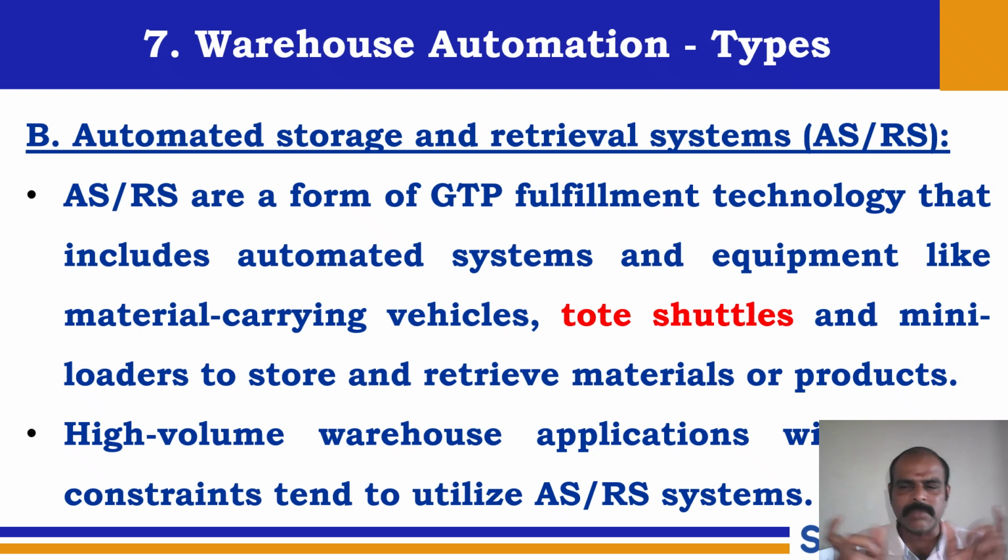There are two terms combined together: automatic storage, and second part, retrieval systems. So now both have been brought together. That is, it's a GTP type but extended even to storage. That means the product will be there. You ask the system to go and store in one particular requisite area, and you retrieve those products whenever we have a need.